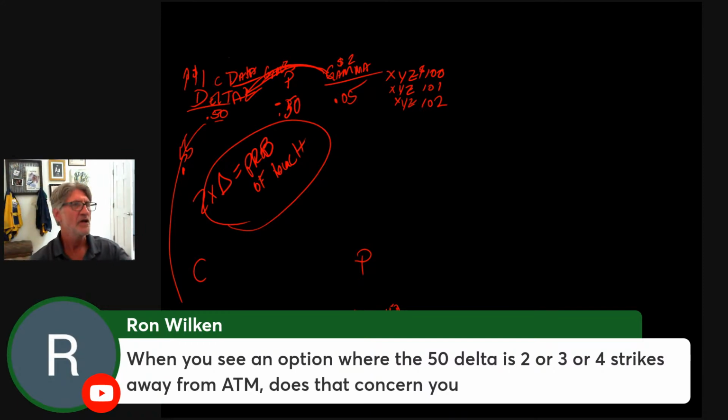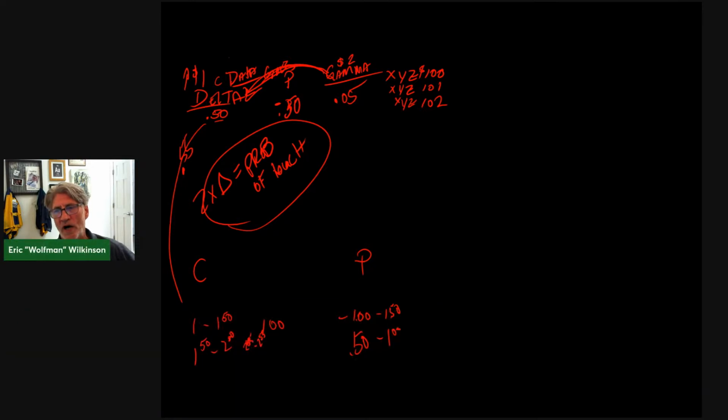It was even happening in GameStop, I think, where you couldn't find a 10 or even a 25 delta call to sell, because everybody was buying calls and it was skewing that all the way out the curve. So Ron, while I look for that, I don't find it concerning. I actually look for it as opportunity, because I was trying to sell like 800 calls in GameStop.